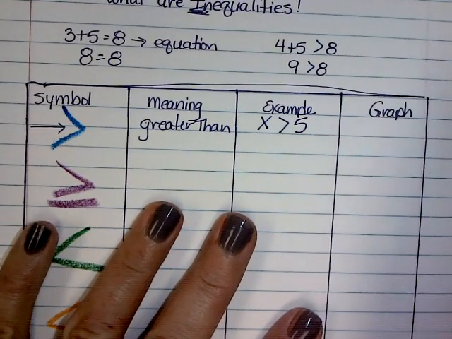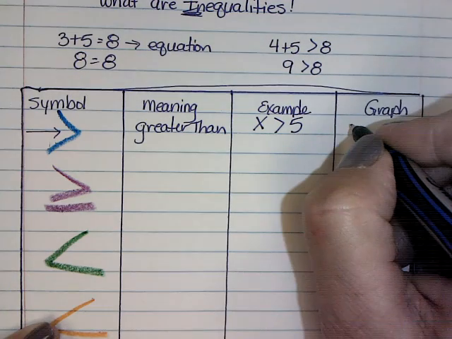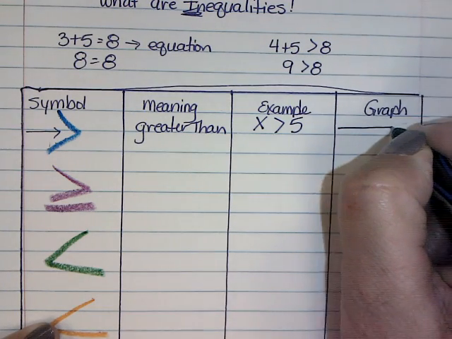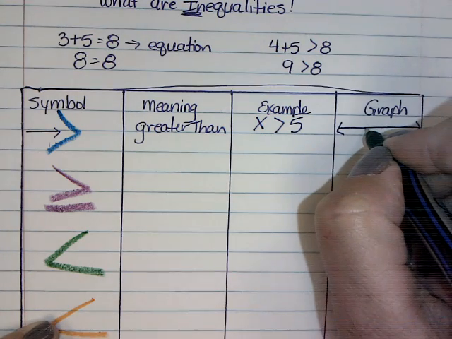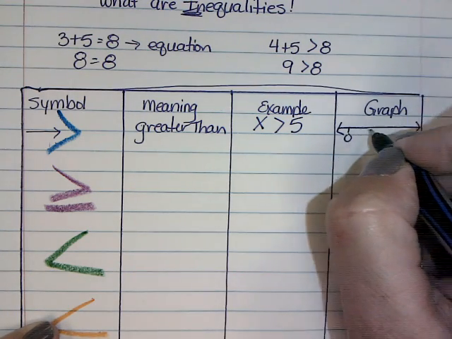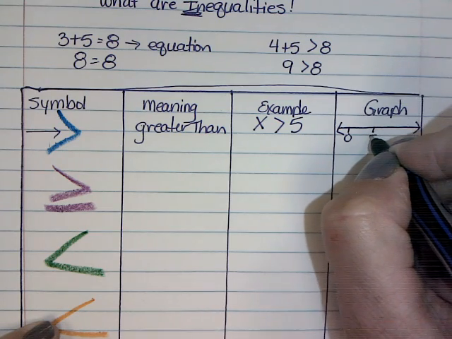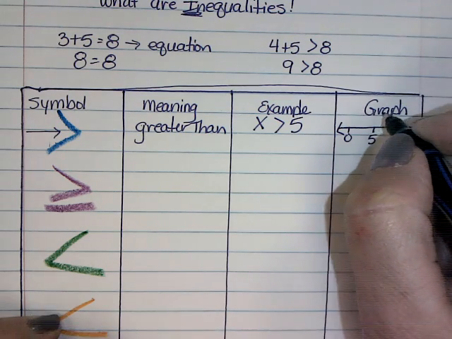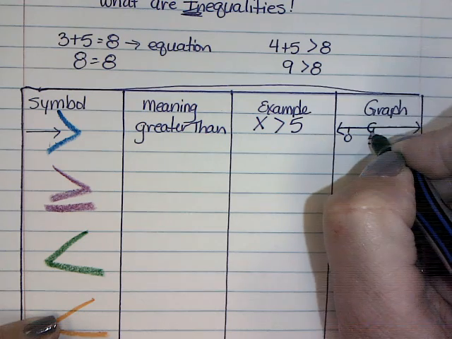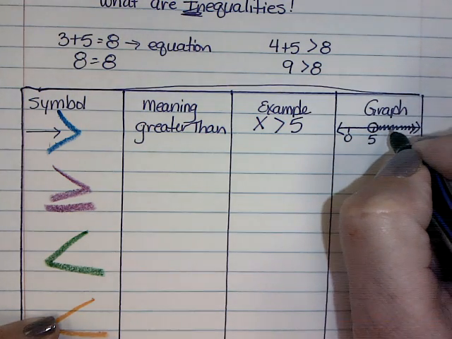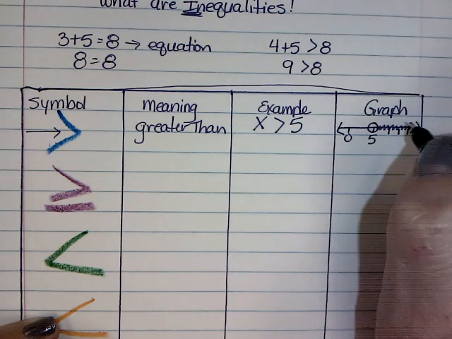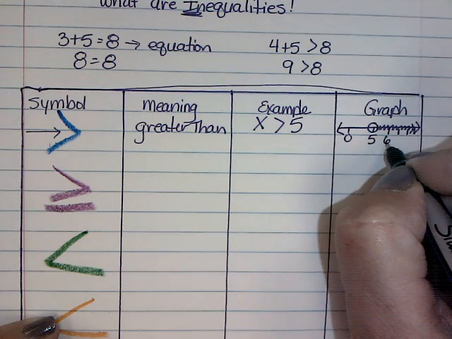And then I'm going to graph that, and that will make a lot more sense in just a moment. If I put this on a number line, here's 0 down here, here's 5 right in the middle, and I'm going to say that x is greater than 5. That means all of the numbers it could possibly be need to be greater than 5.